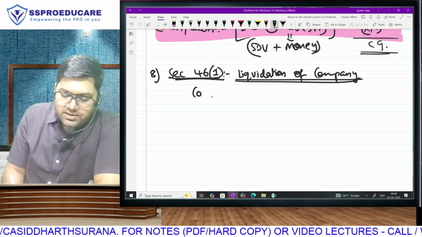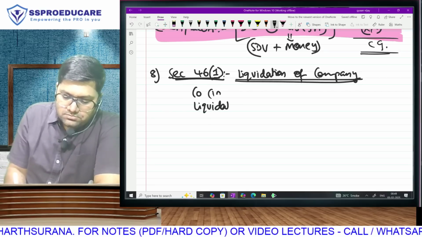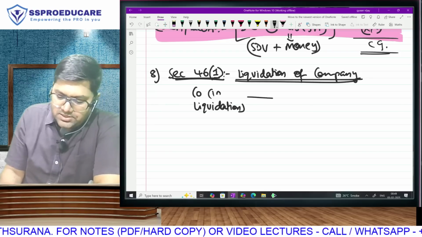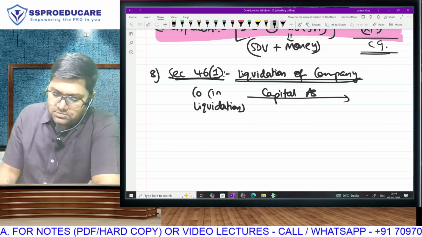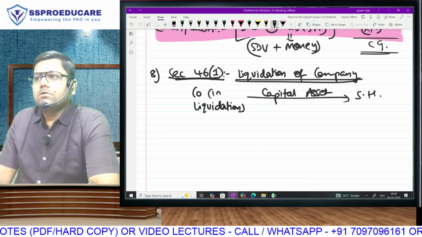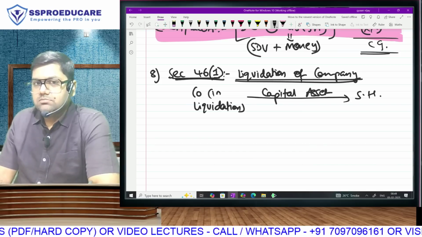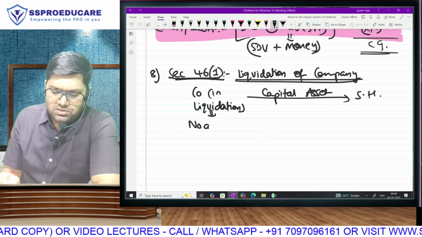Whenever a company under liquidation is transferring its capital asset to the shareholder at the time of liquidation, this transaction for the company is not a taxable transfer.